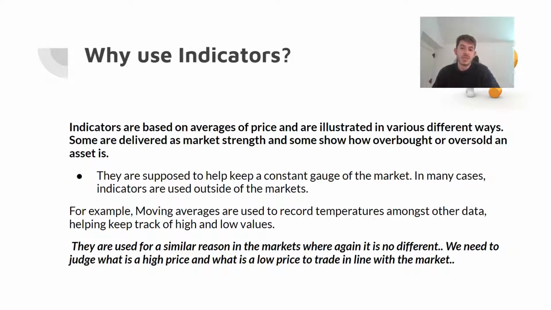So why use indicators? Indicators are basically based on averages of price and they're illustrated in various ways. Some are delivered as market strength, like the RSI, and some just show how overbought or oversold an asset in question is. So they're supposed to keep a constant gauge of the market, and a lot of traders don't use them for this reason.